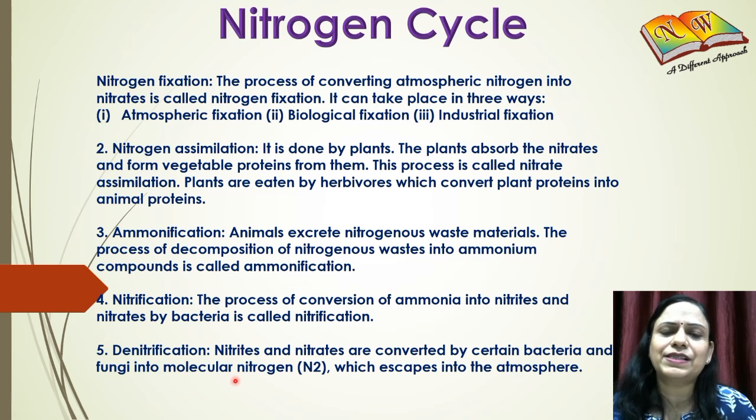And the last step is denitrification, which involves the conversion of these nitrogenous compounds back to atmospheric nitrogen again by certain bacteria and fungi, which help in returning the nitrogen back to the atmosphere. So that completes the cycle.